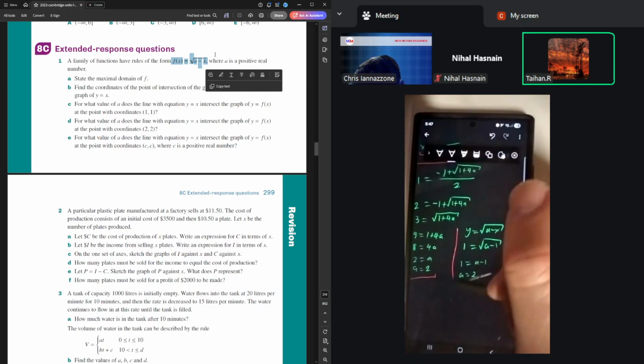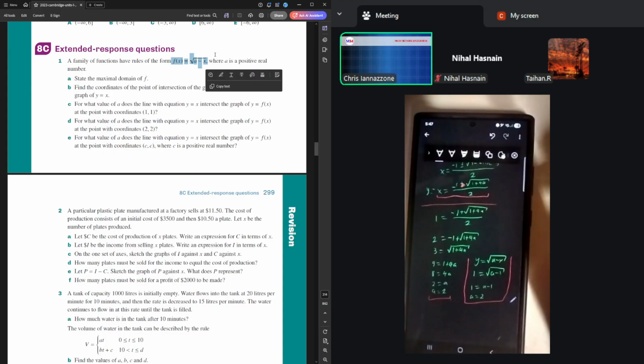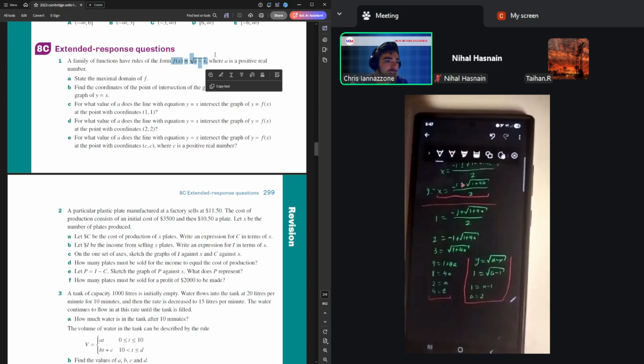Yeah, that's basically how I did it. So that's perfectly fine. Because what you're essentially making use of there is the fact that 1, 1 needs to exist on both functions, but because it exists on both functions, I don't really need to care about the second one. I can just use the first one and just be perfectly fine with it. So yeah, you can just straight up use f of x for that.